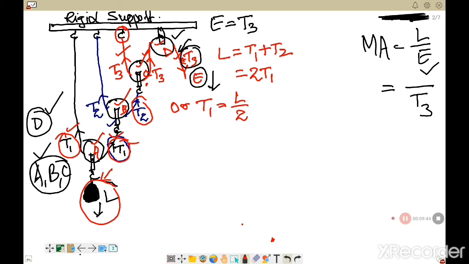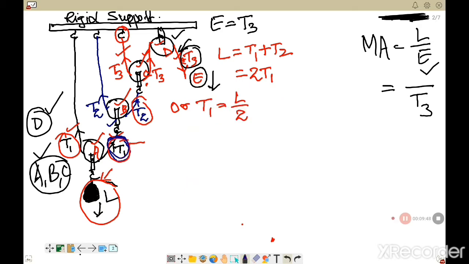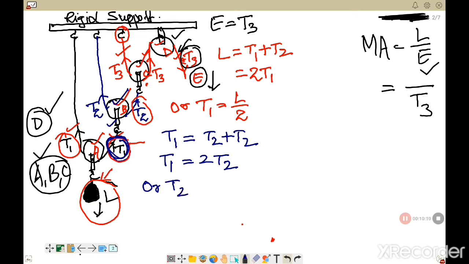Now this segment of the string is balanced by pulley B. So here I can write T1 is balanced by T2 plus T2, or T1 equals 2T2. Or I can make T2 the subject. I'll get T1 by 2.